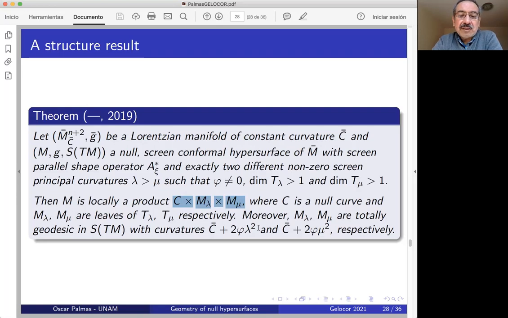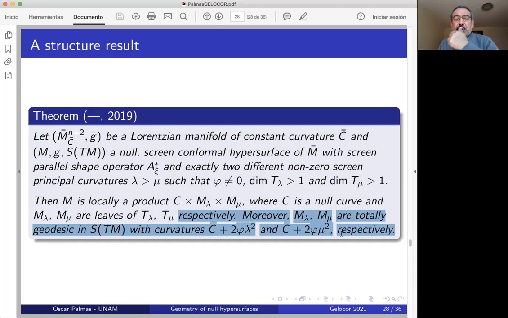And M lambda and M mu are also totally geodesic in the screen distribution with curvatures given by this formula here.